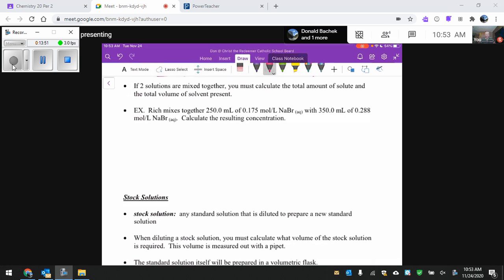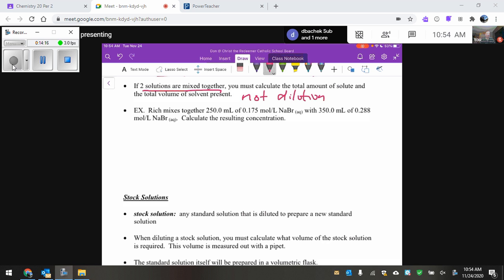This could happen. So it says here, if two solutions are mixed together, this is not dilution. Maybe I should have put this somewhere else, but this could happen. I'm not simply adding water to these.